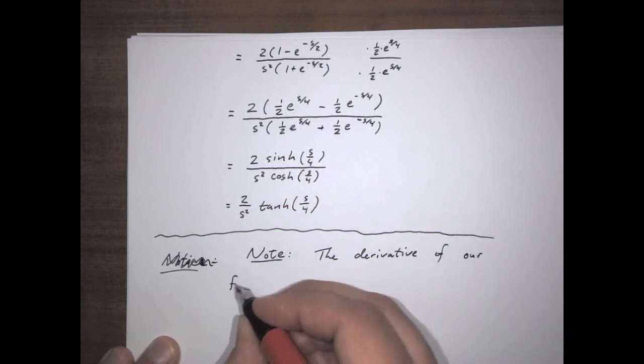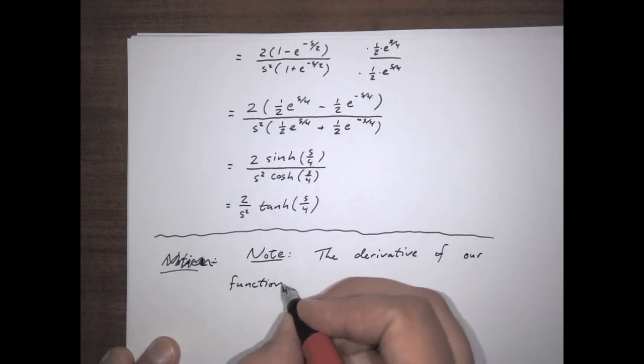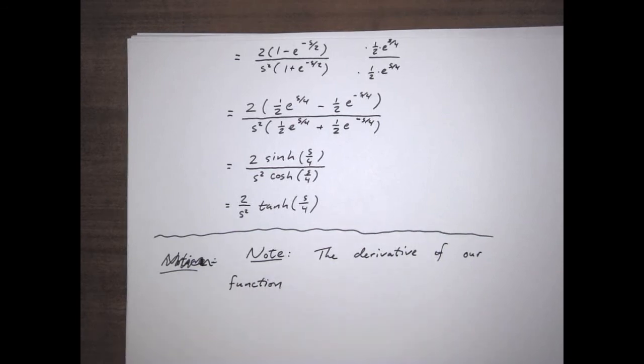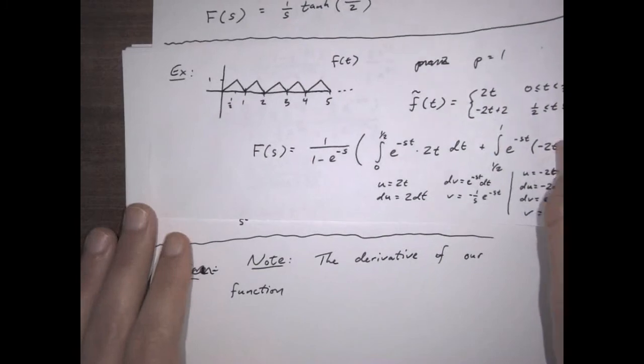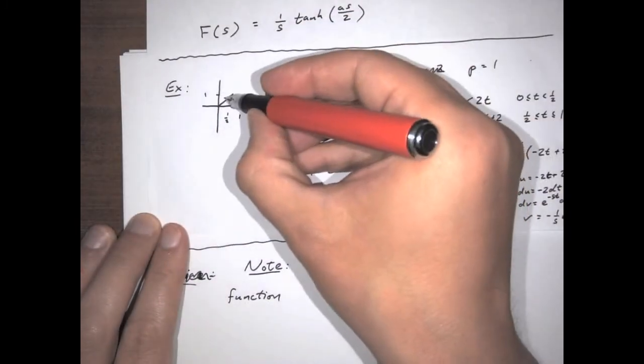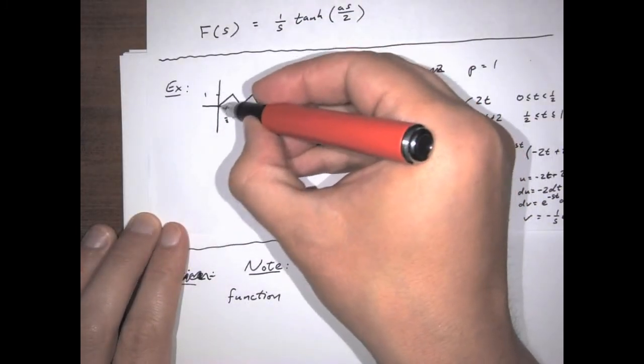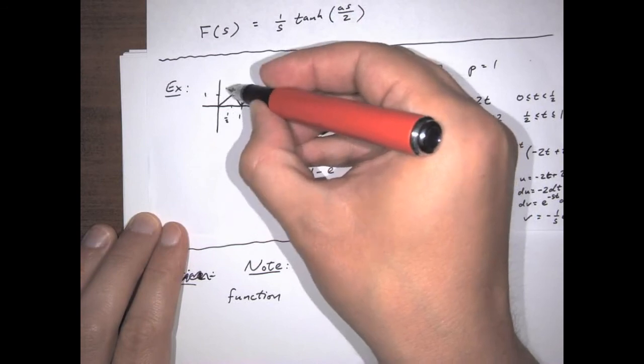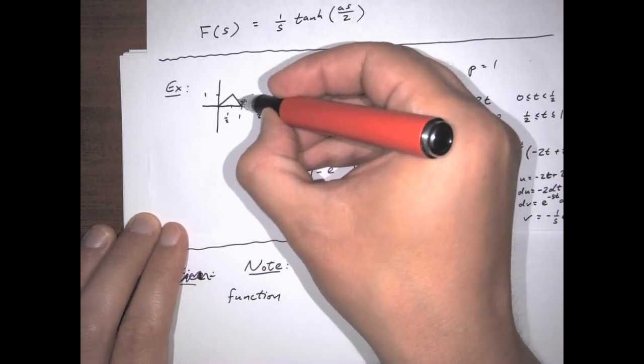If you look back at what the graph of our function actually was, the derivative of our function is going to be constantly equal to here 2, because it goes over 1/2 of 1, here negative 2, here positive 2, here negative 2.